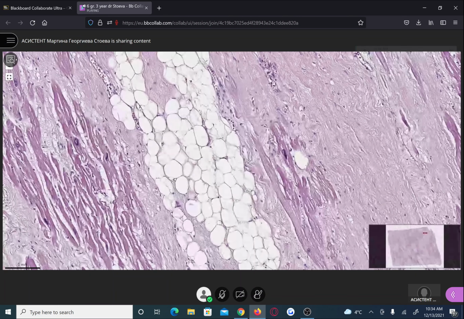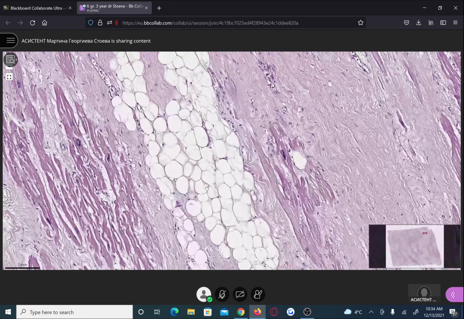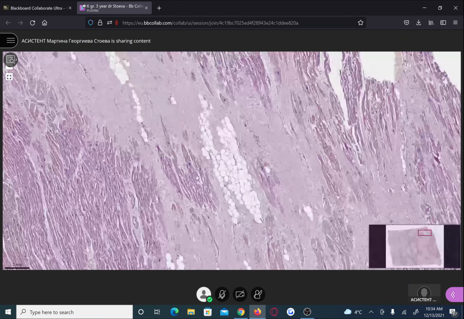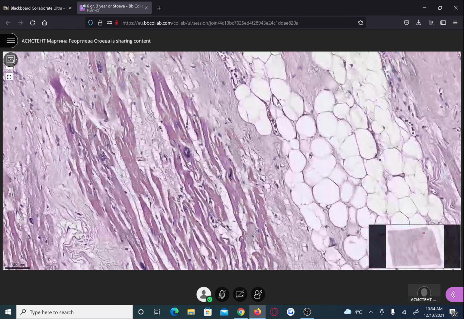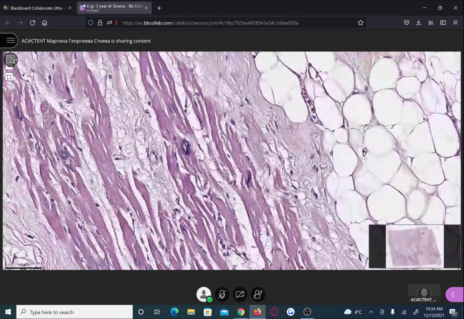Note that this process is different from fatty degeneration. Fatty degeneration means that there is deposition of lipids within the parenchymal cells of the organ. In this case, the parenchymal cells are the cardiomyocytes.